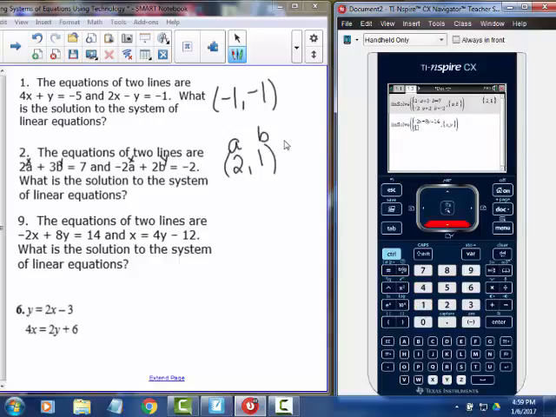Down arrow, x equals 4y minus 12. And I double check that I've typed everything in correctly, and I press enter, and it says no solution found. Okay, so we just write no solution.